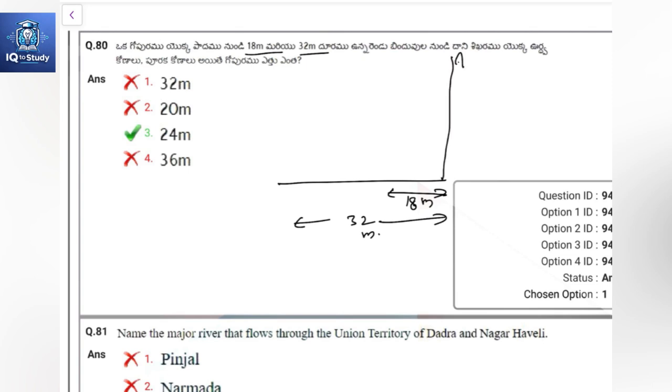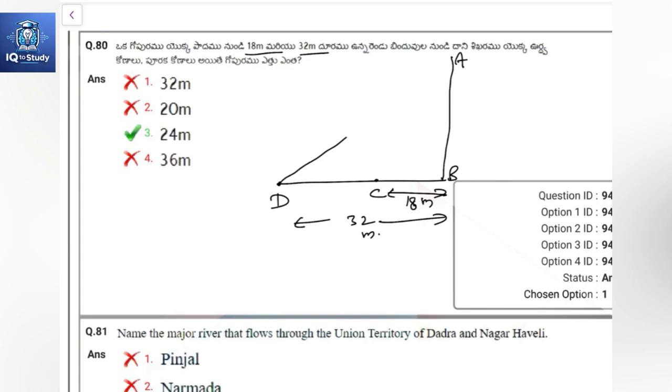Let AB be the height of the tower, and let the 18 meters base be C and the 32 meters one D. Given the angles of elevation are complementary angles.